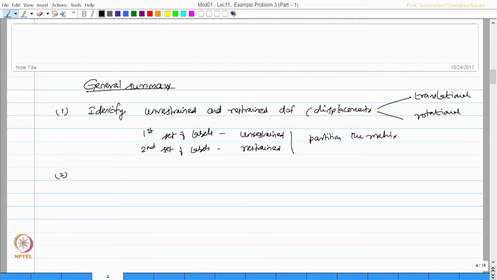The second step was to determine the stiffness matrix of every member, where a fixed beam neglecting axial deformation is considered.